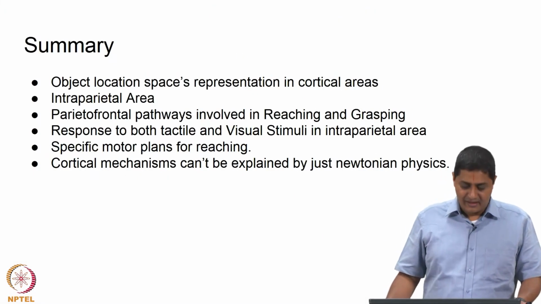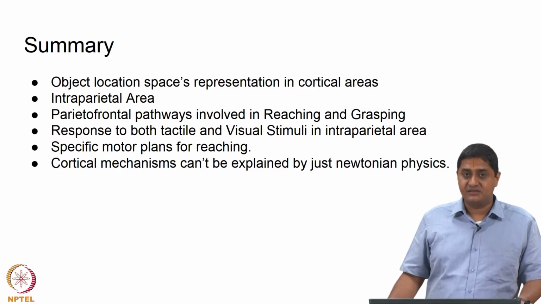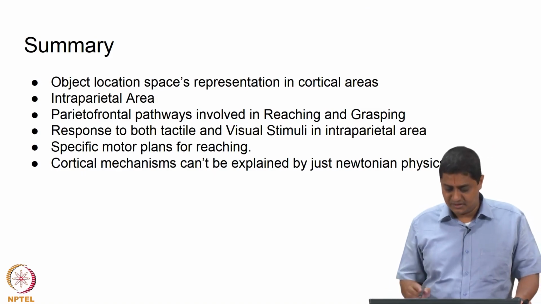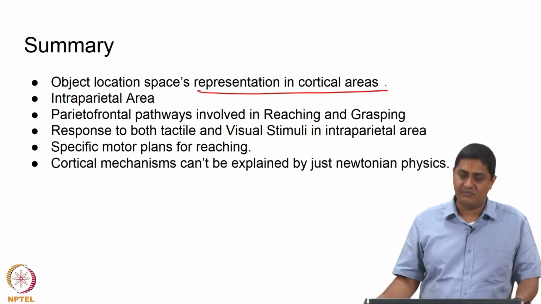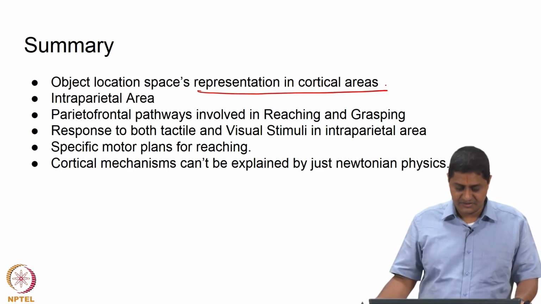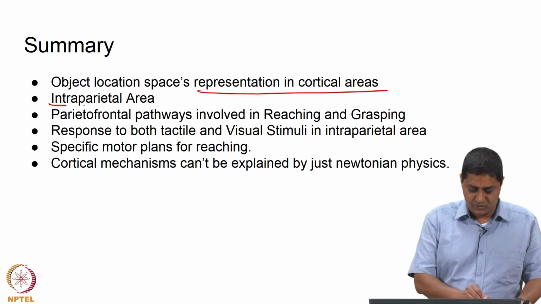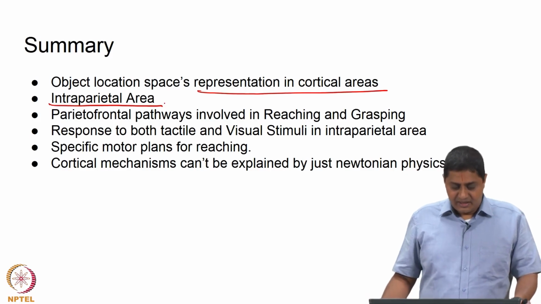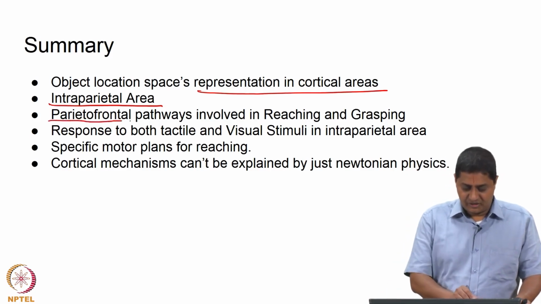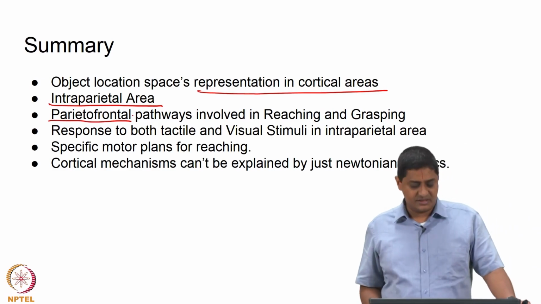So, in summary, the object's location is represented in cortical areas in multiple independent regions, right, and the crucial role of the intraparietal area, and actually we mentioned two of these, the VIP and the AIP area, and the specific parietofrontal pathways that are involved in reaching and grasping.